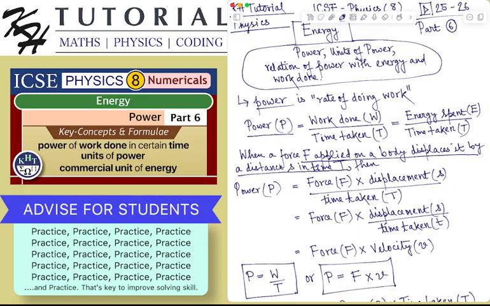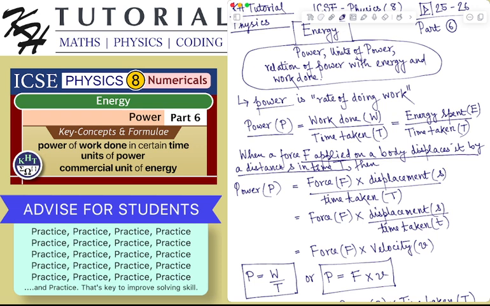The power we know is the work done. What is the work done when a force F is applied on a body which displaces it by distance s? It is force multiplied by distance, so it is F into small s. And power is work done divided by time, so it will be force multiplied by displacement divided by time taken.